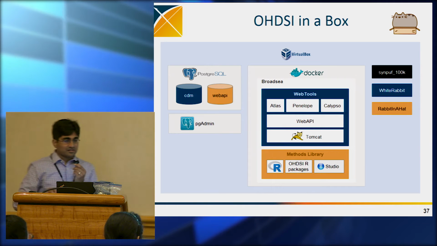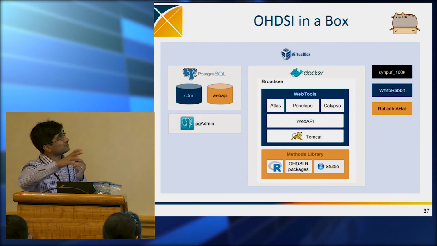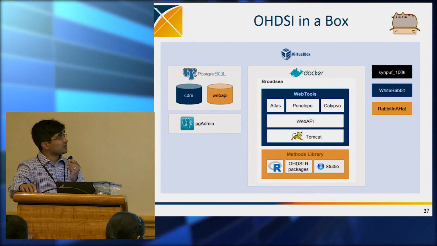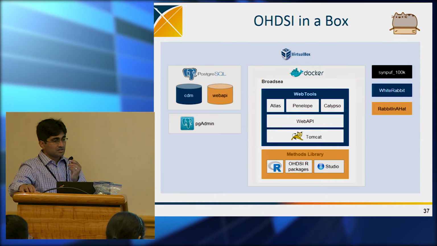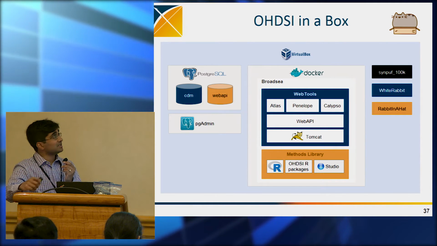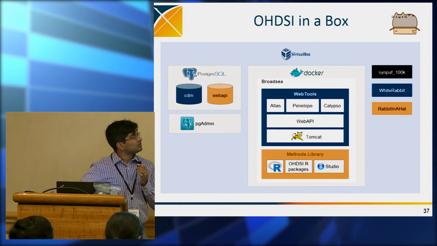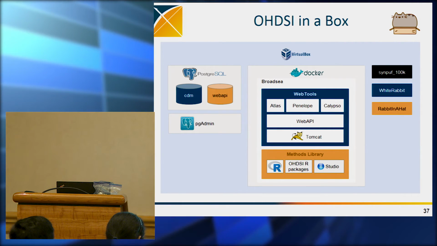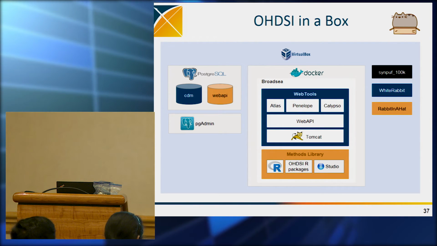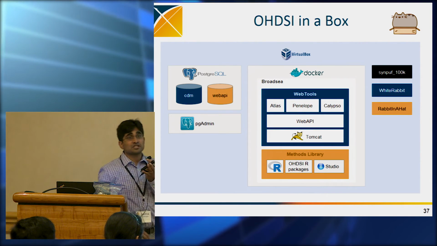This is a more comprehensive view of what's on the virtual machine. For the purposes of this tutorial, we're not going to need most of this. We're going to be using the CDM and pgAdmin. The rest deals with the technology stack.